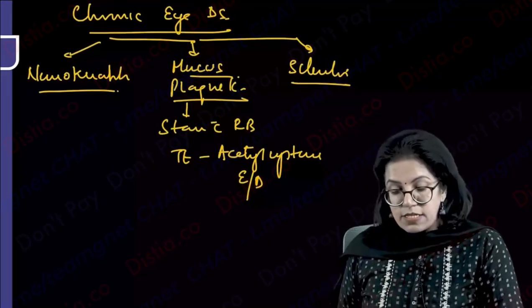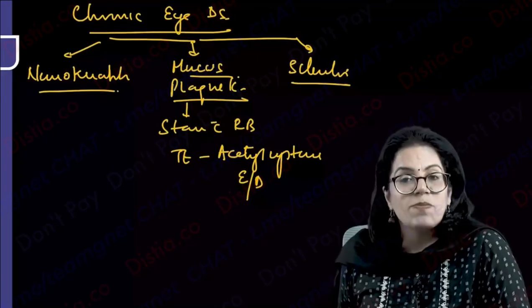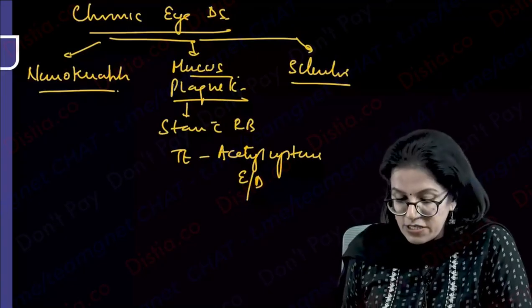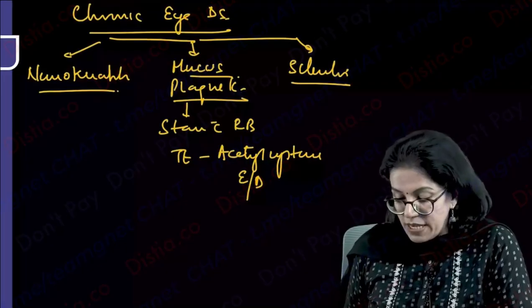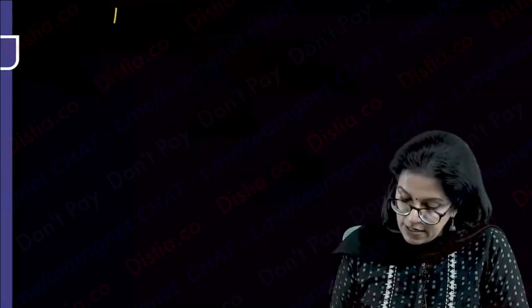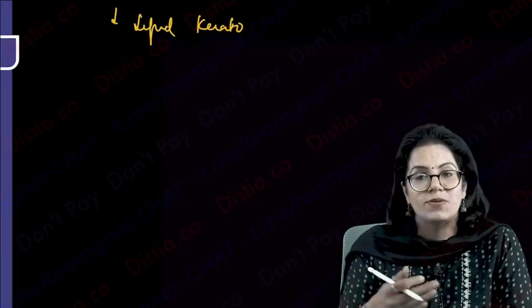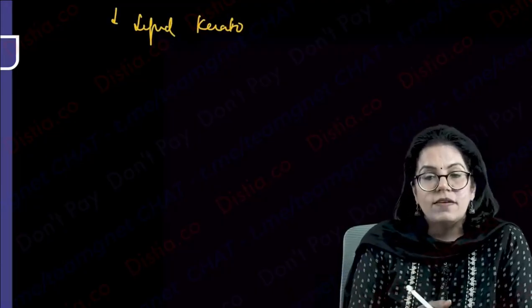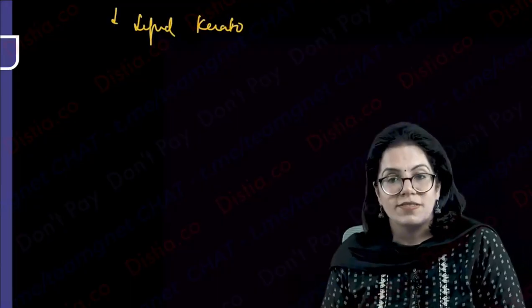And of course, one more is lipid keratopathy or lipid degenerations. So you may get lipid. Lipid keratopathy is irregular deposition of lipid on the cornea. Just understand this way, very simple. It can either be idiopathic, then we call it primary. And if it is secondary, it means that we know the cause.